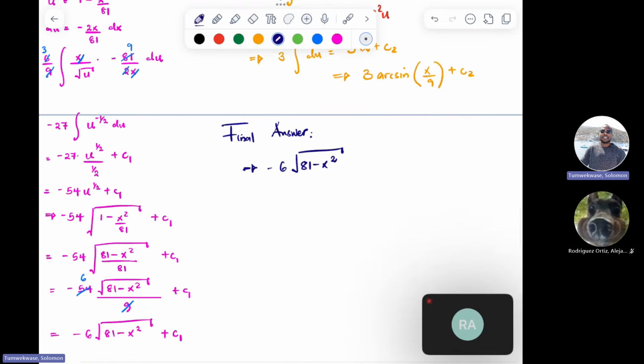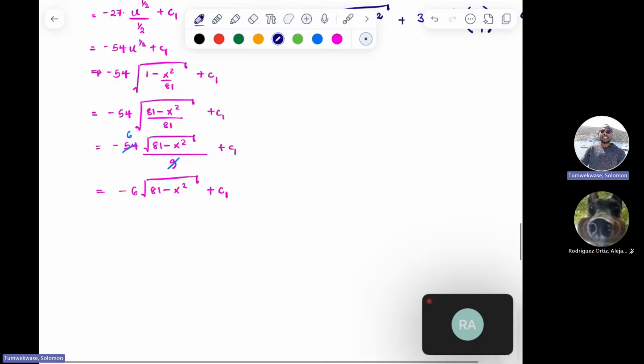Then plus 3 arcsine of x over 9 plus c2. Once again, c1 plus c2, a constant plus a constant, I get another constant which I can just call c.